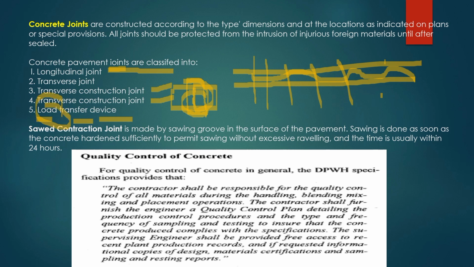So proceed. Sawed contraction joint is made by sawing a groove in the surface of the pavement as soon as the concrete has hardened sufficiently to permit sawing without excessive raveling, usually within 24 hours. Sawed contraction joint.